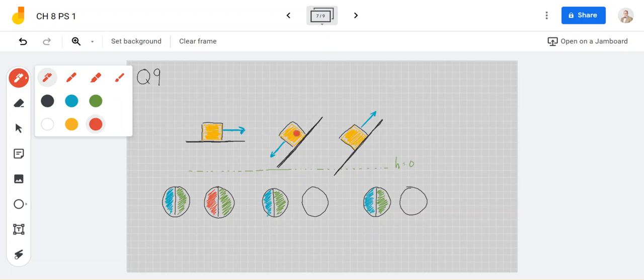This second one, though, is going to go down the ramp and eventually come to a stop, which means its gravitational potential energy is decreasing. Again, it's still losing all the kinetic energy, and we're just going to be left with the thermal energy.